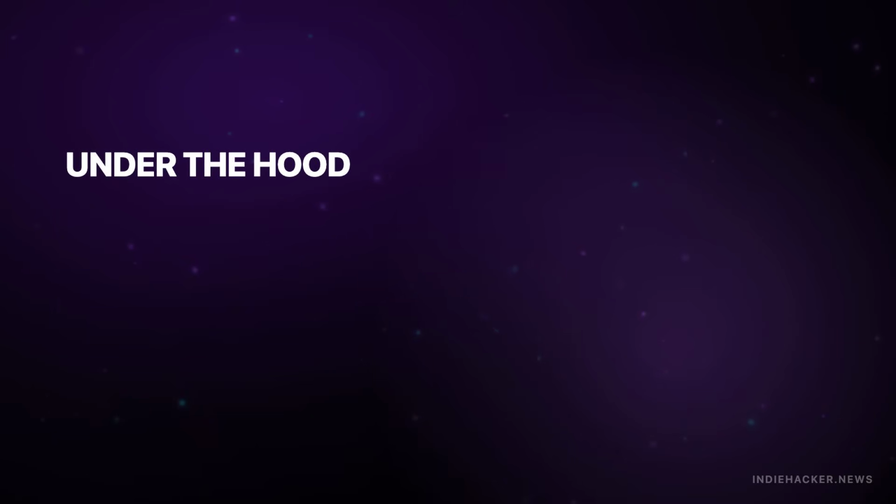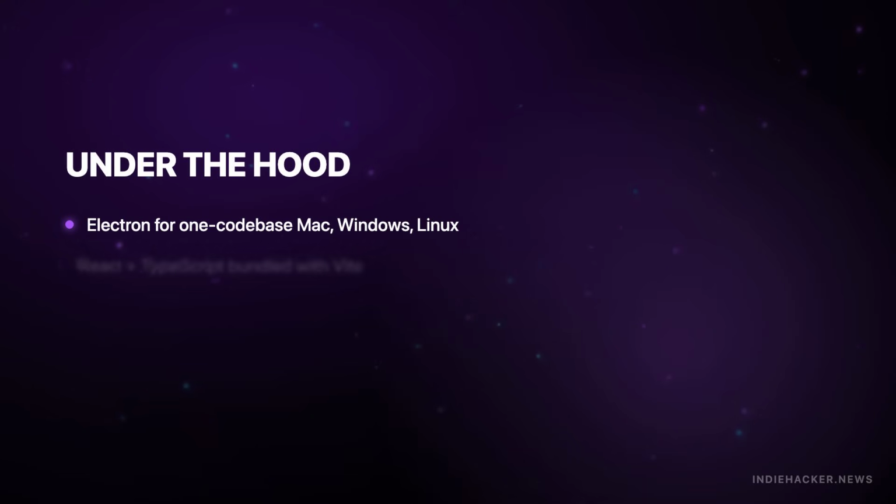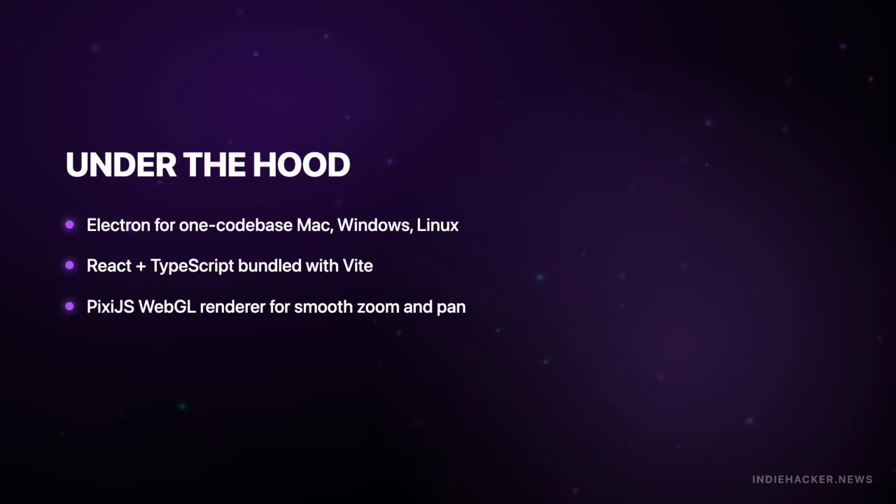Under the hood, OpenScreen is an Electron app, which is how it gets cross-platform support for Mac, Windows, and Linux out of one codebase. The UI is React with TypeScript bundled with Vite. The interesting choice is the renderer. They're using Pixie.js for the canvas, which is a WebGL-based renderer originally built for browser games. That's how the zoom and pan animation stay smooth even on long recordings.